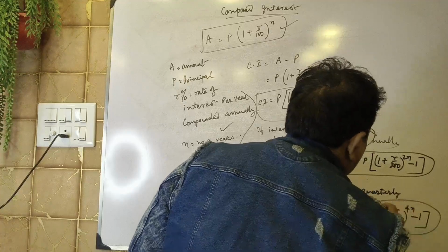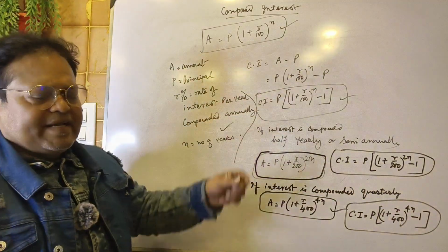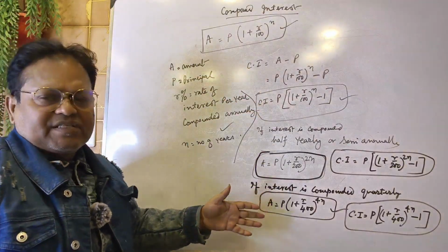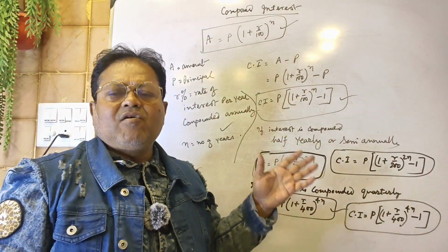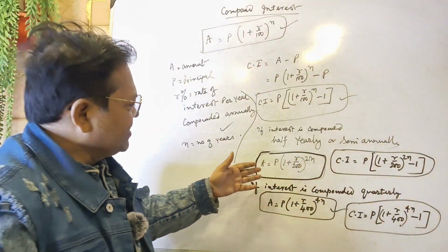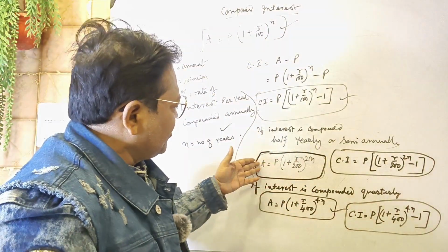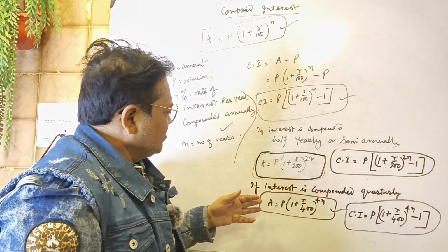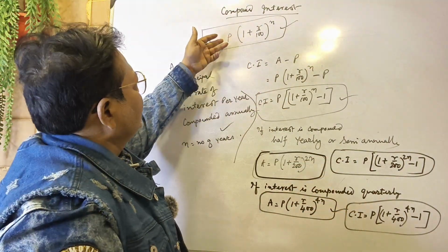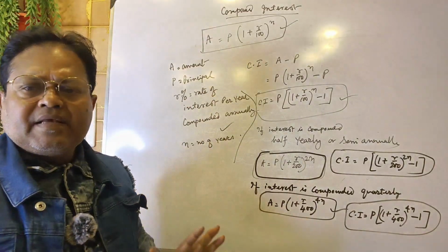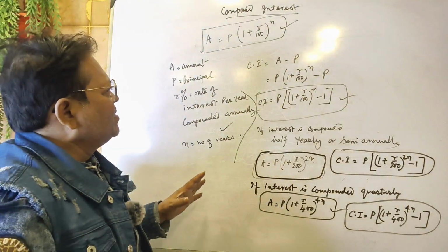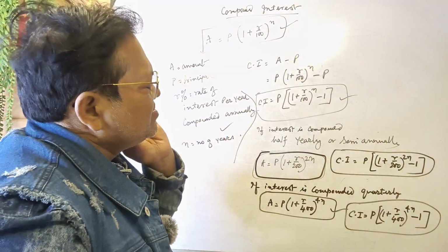You will get the total picture for all the options, compounded annually, semi-annually, and quarterly. In all the cases you get the formula for amount and compound interest. This is the simple way of calculating compound interest and amount.